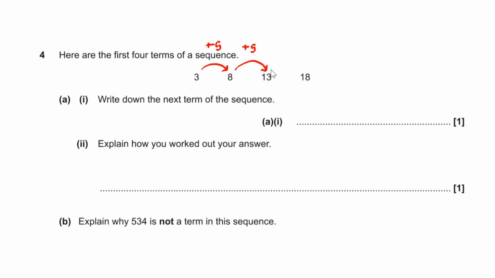And to go from the 13 to the 18, we have added 5. And therefore, to find the next term, we'd have to add 5 to 18, giving us 23. So the next term of the sequence is 23. And then explaining our answer, all we did over here was add 5.